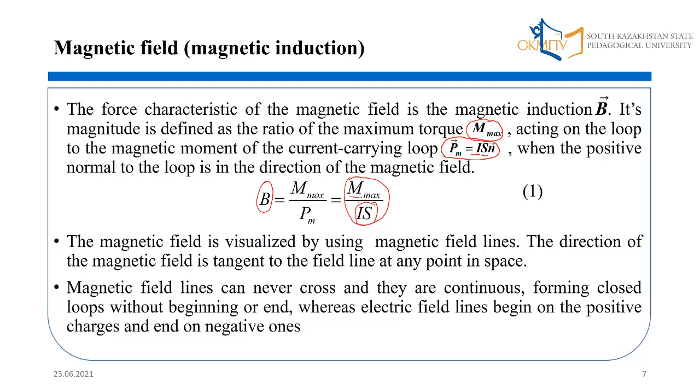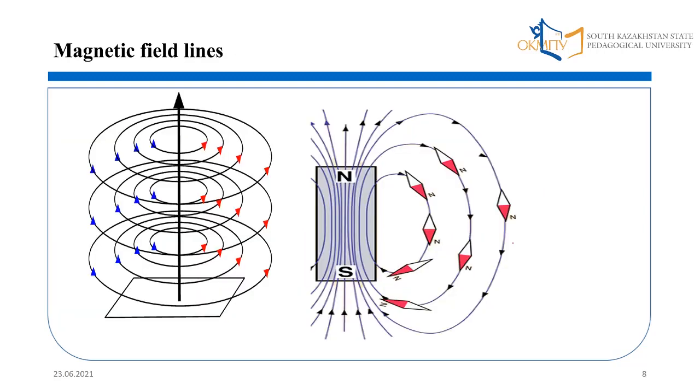The magnetic field is visualized by magnetic field lines, as I said. The direction of the magnetic field is tangent to the magnetic field lines at any point in space. You see here the magnetic field lines of a straight current-carrying conductor.